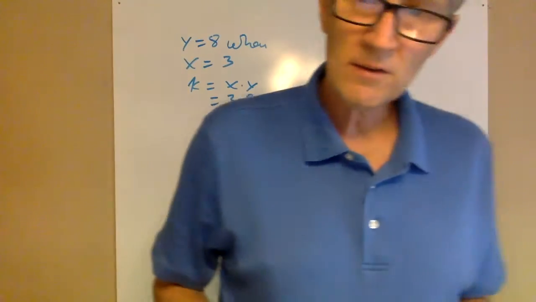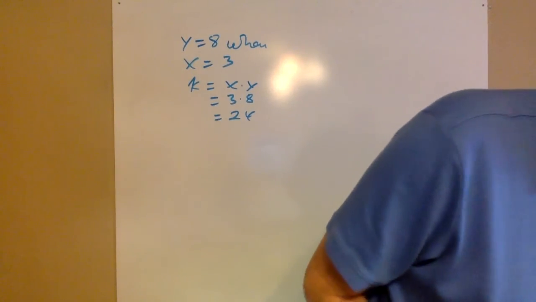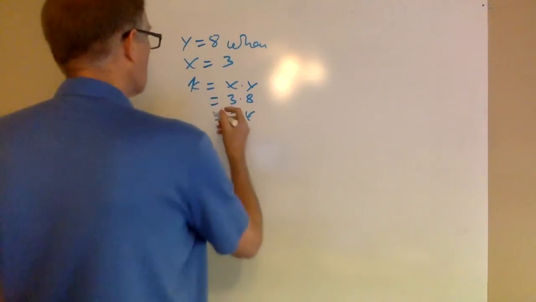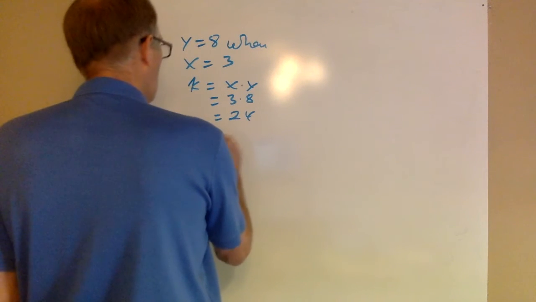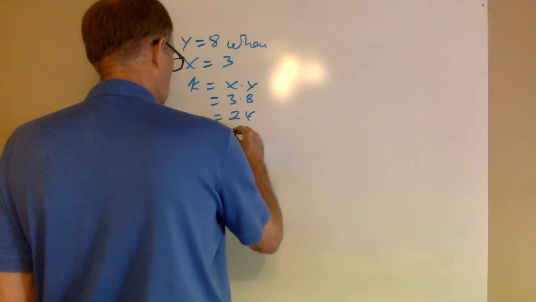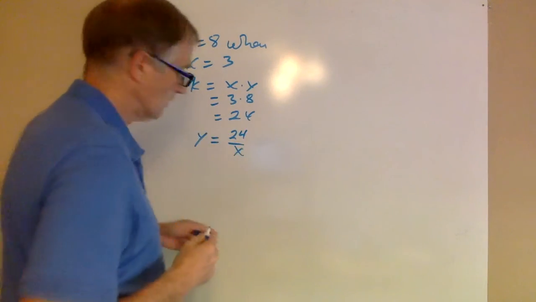Now I can easily come up with a data table. Let's write this in terms of y: y equals 24 all over x.